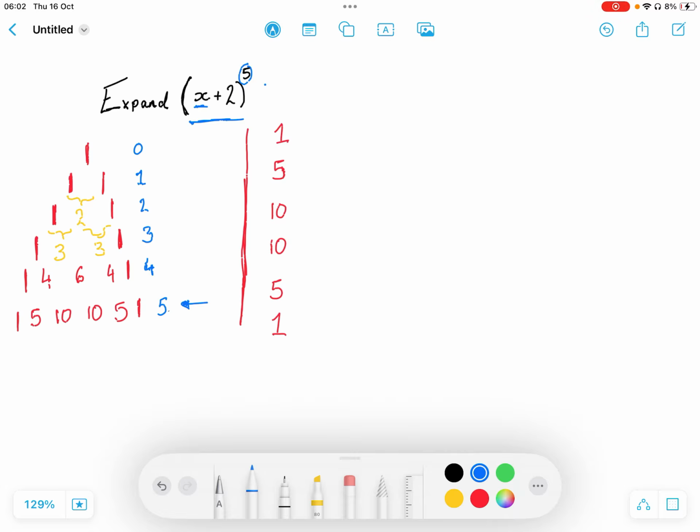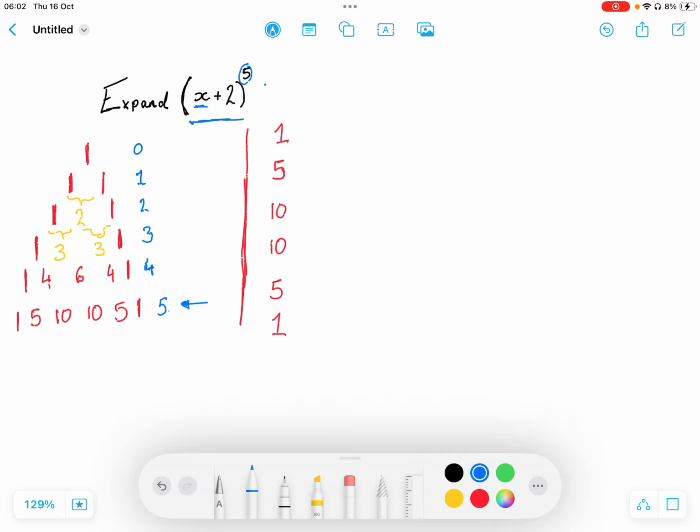This is going to be 5 lots of x to the power of 4. We've got 10 lots x to the power of 3. And I'm just filling it in, going down. I think writing it out this way, on top of each other, makes our lives much easier. X to the power of 2, x to the power of 1, x to the power of 0. Okay? Nice. That's our x's.